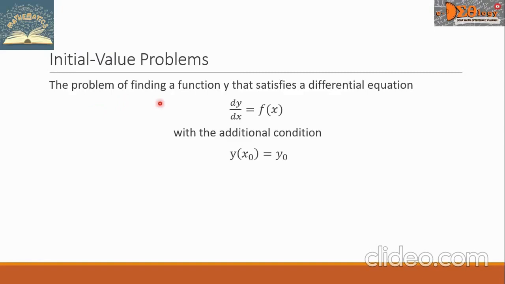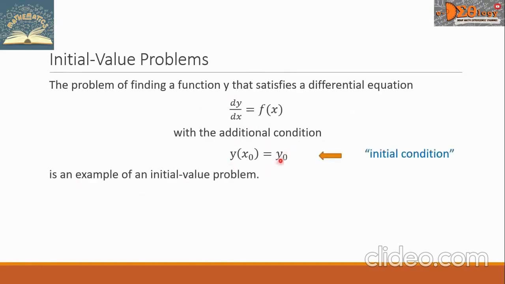The problem of finding a function y that satisfies a differential equation dy over dx equals f of x with the additional condition y of x sub 0 equals y sub 0 is an example of an initial value problem. This condition here is what we call initial condition.